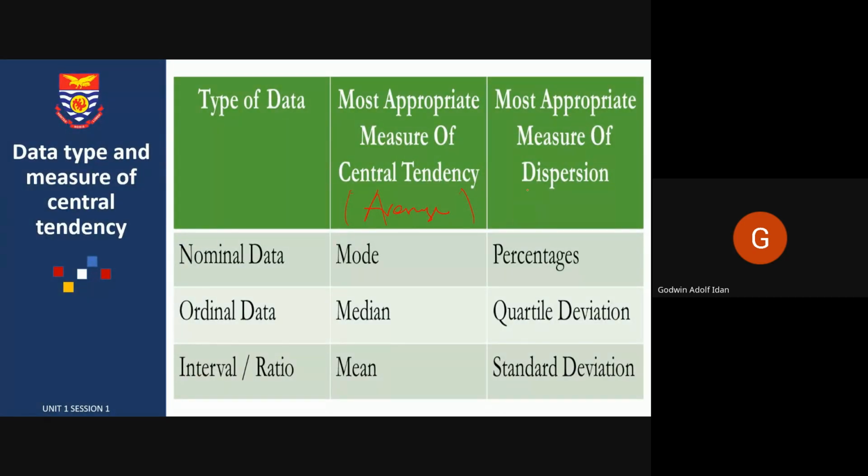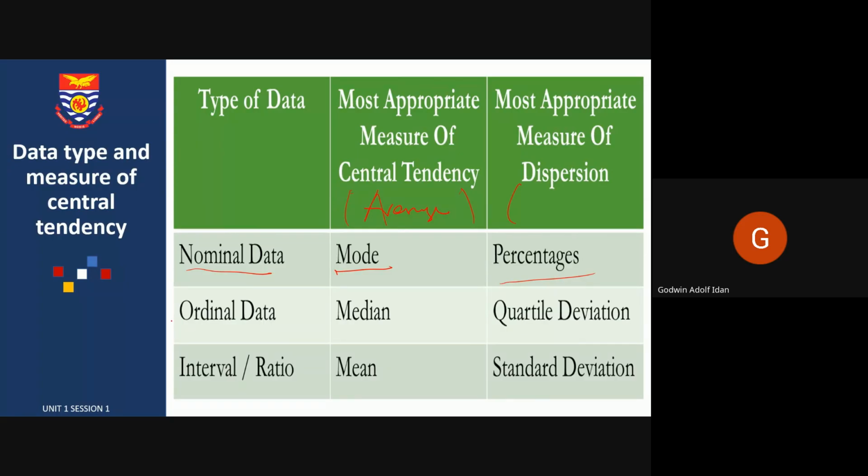And then this is also looking at the dispersion, how each observation is moving away from the average of that particular data. And so for nominal data, normally we use the mode to represent the average, and the appropriate dispersion will be the percentiles.